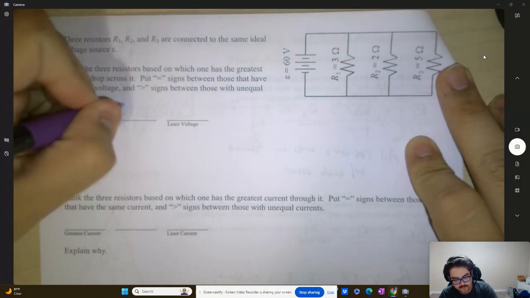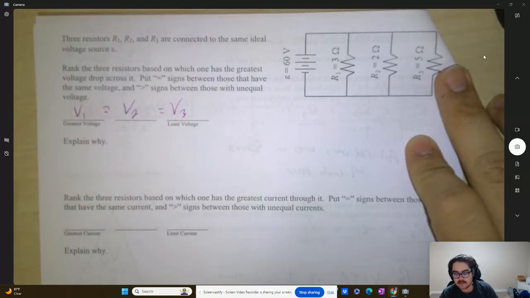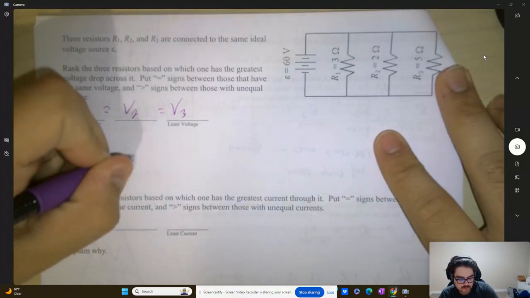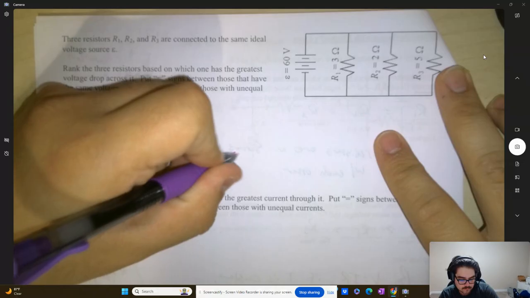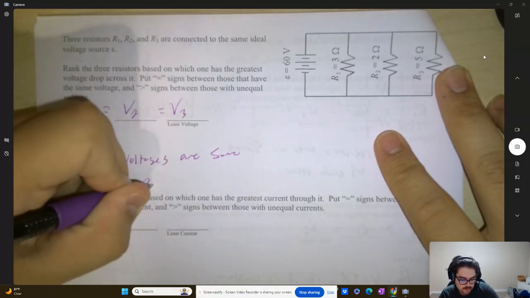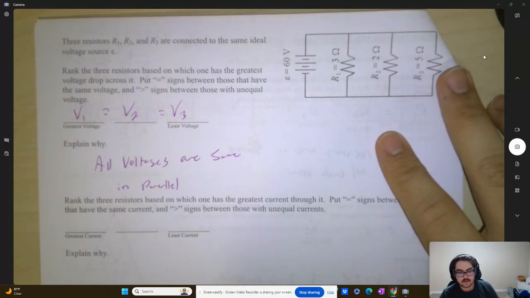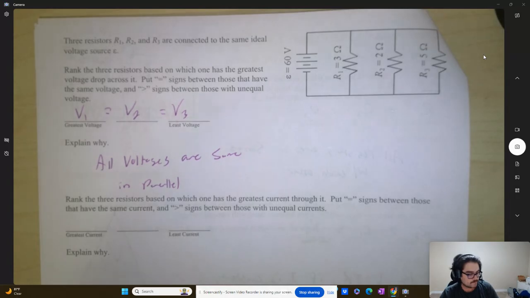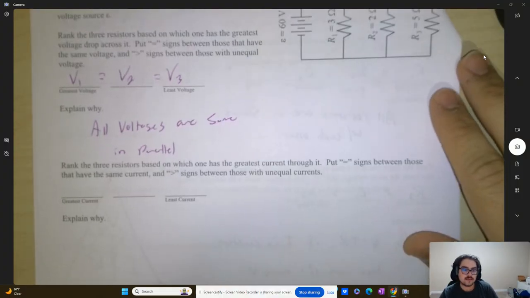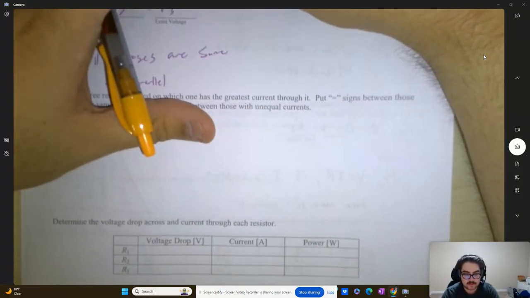V1, V2, V3 should be the same, because when you're in parallel, all voltages are the same. Now, the current isn't going to be the same, and that's why I'm calling upon our pyramid of knowledge.